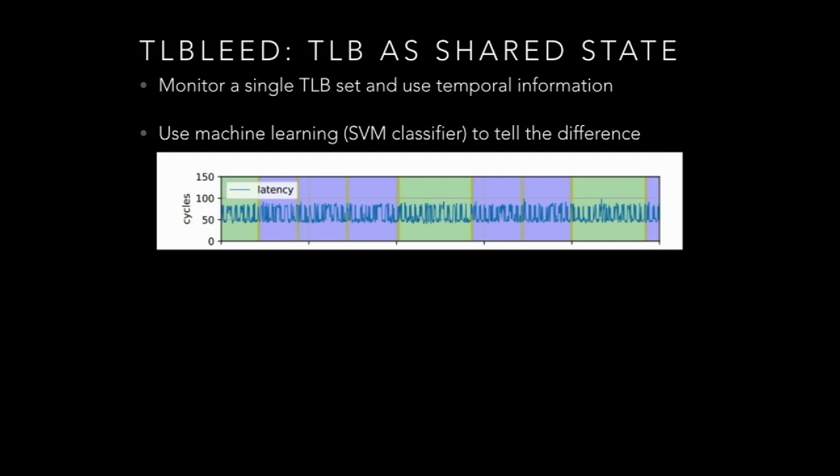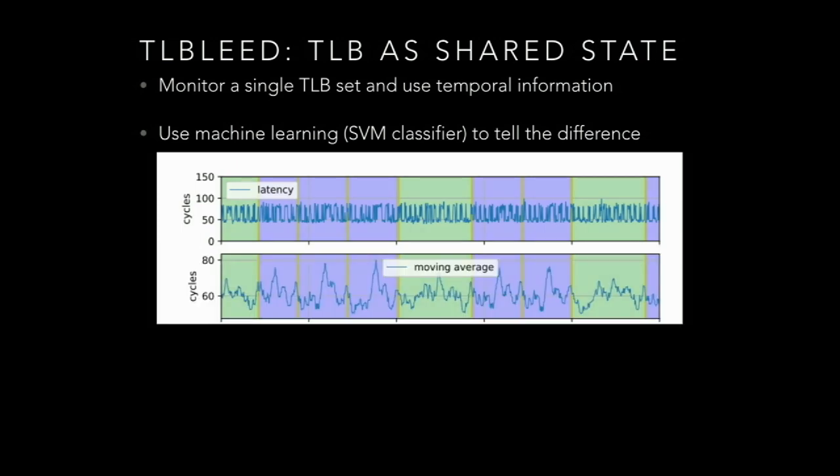Whenever the latency is high, whenever it's slow, it means that someone else, our victim process, needed to use that set for something, and that tells us something about the activity it's doing. There's no easy way to distinguish it, but there is a signal that changes in time that can tell us a lot more information.